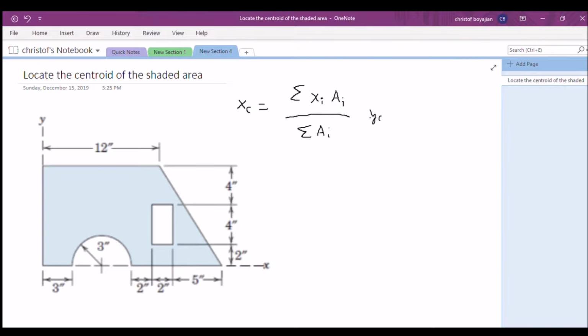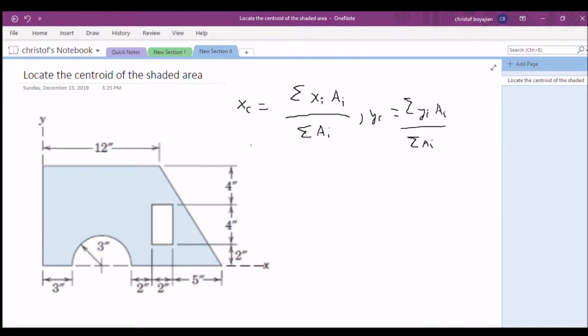It's just going to be the summation of all the y centroids times the areas over the summation of the areas. Okay, so using the composite technique, you want to make sure when you're doing this.